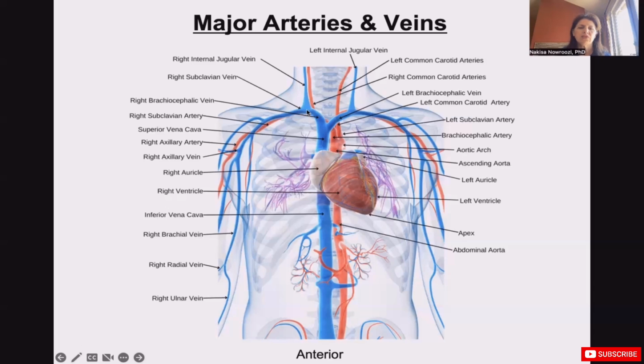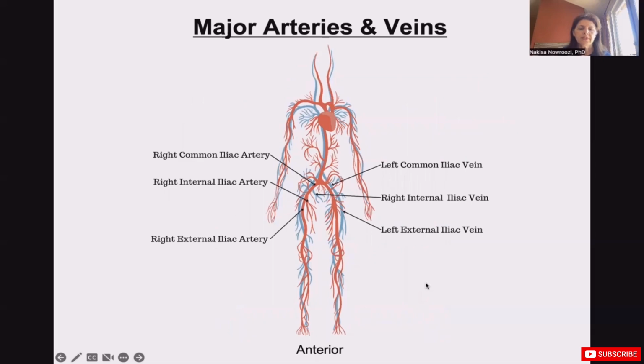They are divided into right subclavian veins and right internal jugular veins and right external jugular veins, which we don't see here. Then with the veins is the same, that we're going to go to axillary veins and axillary arteries. We go to brachial veins and arteries. Then we go to ulnar veins and radial veins. Here it's the anterior view.